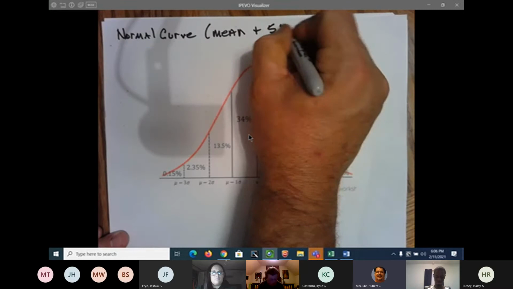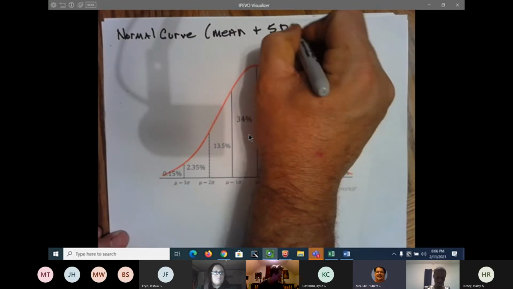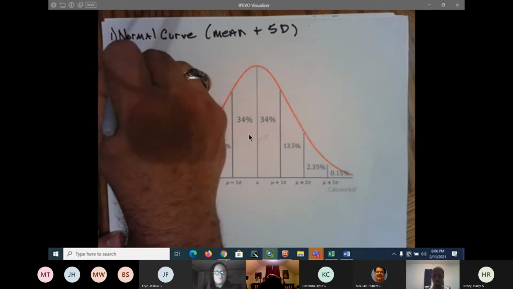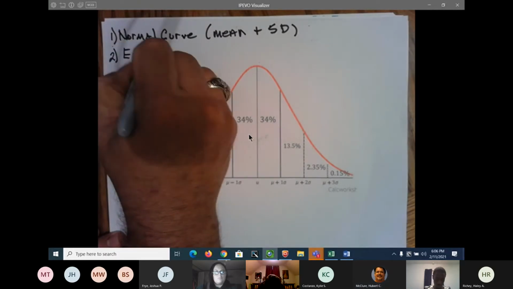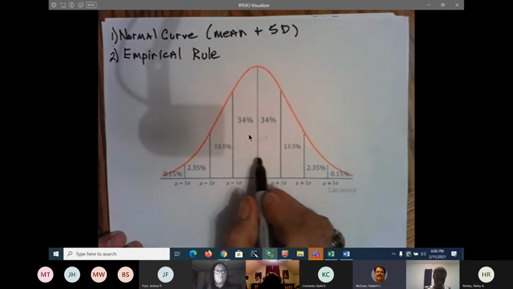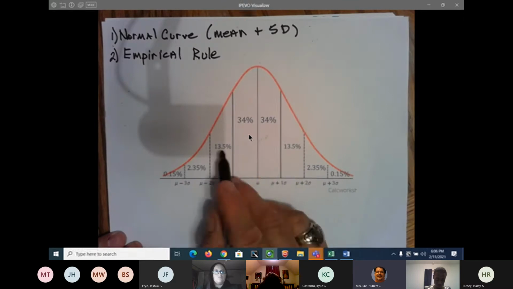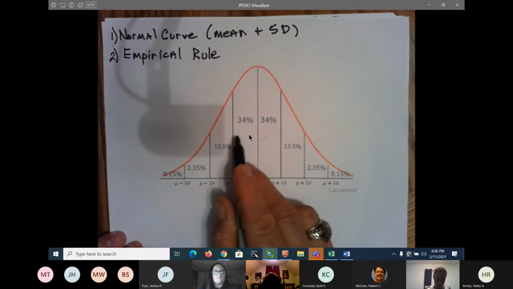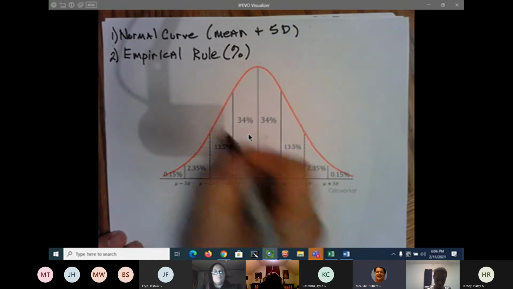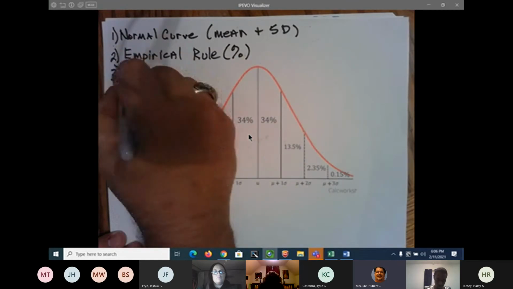The second thing I'm going to do is go through the empirical rule, which is the percentages that you see already here. So you don't have to even figure the percentages. They're already there. That's the percentages. And 3, the 5-number summary.